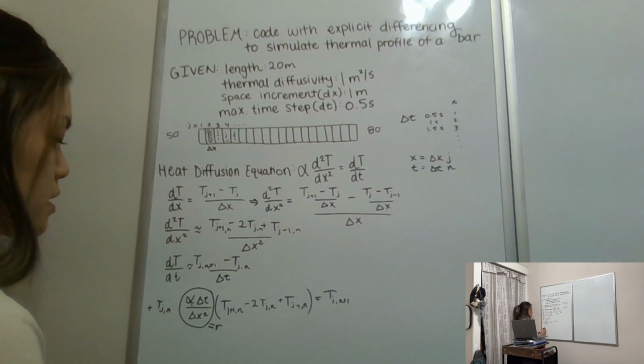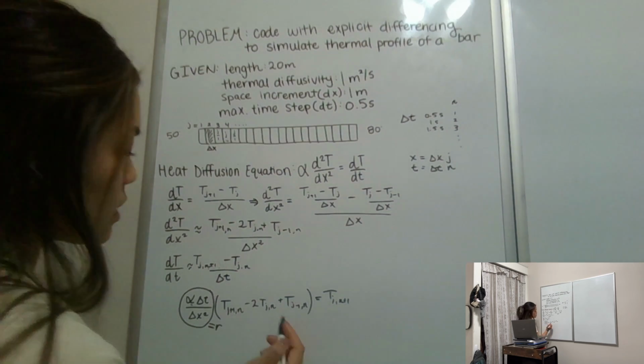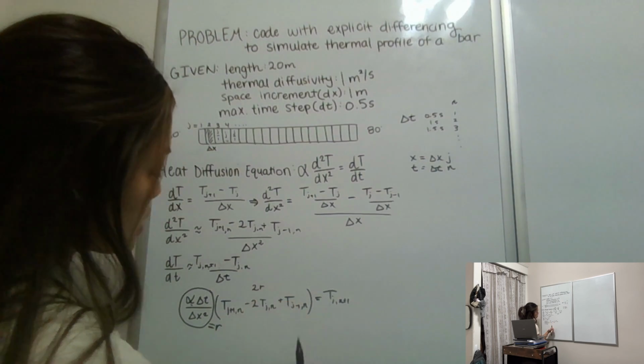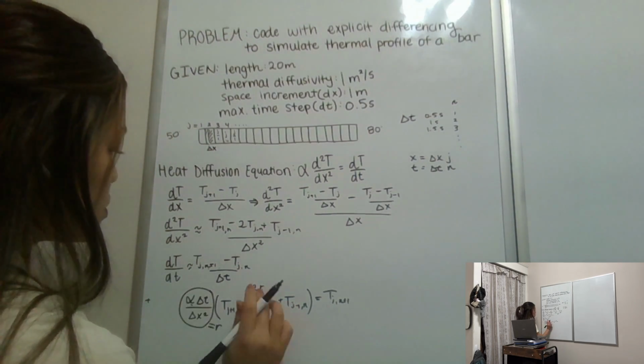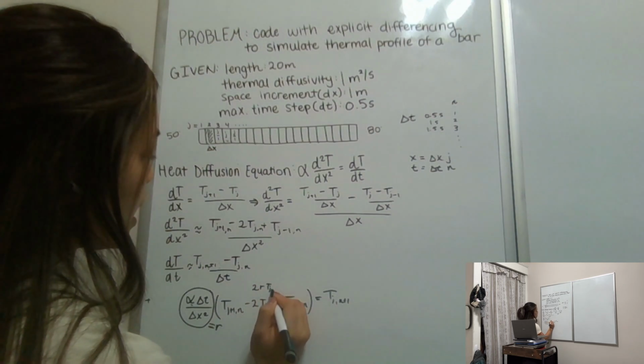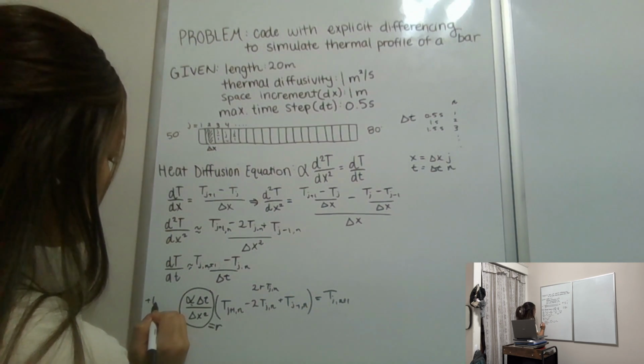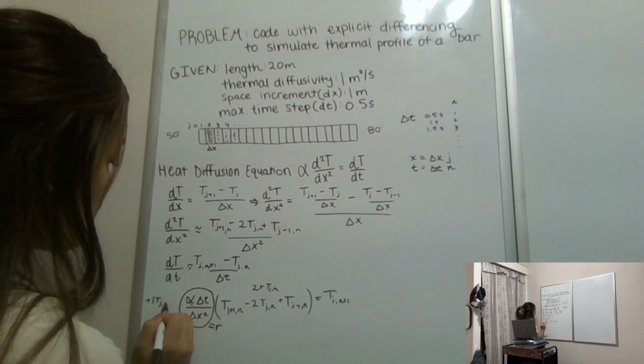So when we're moving it to the other side, we have to make sure that we include that. So this would be 2R technically, and then this 2R TJN, and then this would just be 1 TJN.